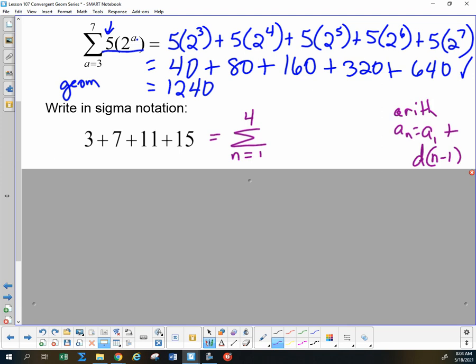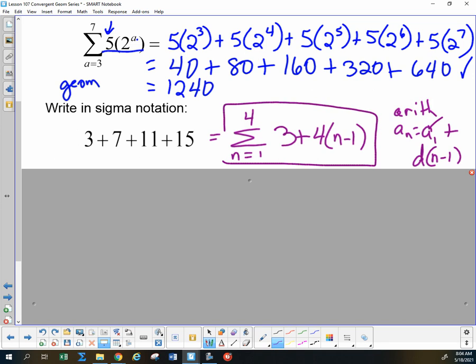Do we know the first term of that series, Michelle? So I'm going to put in a 3 for my first term, plus, John, what's my common difference? 4. So I'm going to put a 4 for the d and the n minus 1. So I'm just using the formula that I know for the type of series that is and plugging in the given numbers. Does it work?